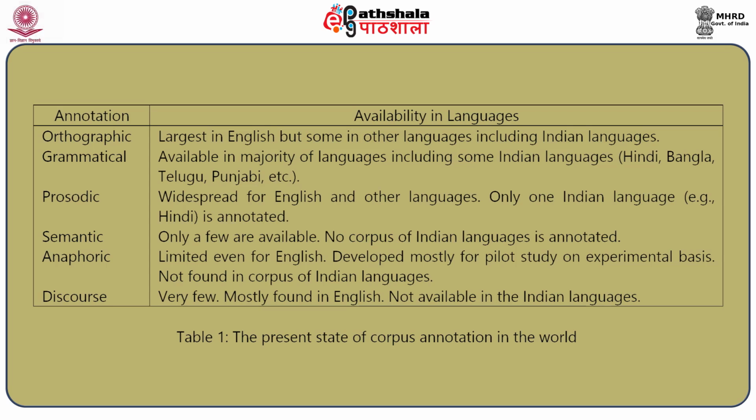Although we can find some texts annotated at the prosodic level or the grammatical level, other types of annotations are not yet applied in Indian languages. Because of this paucity, this laxity on the part of researchers, we don't have any corpus of other types of annotations.